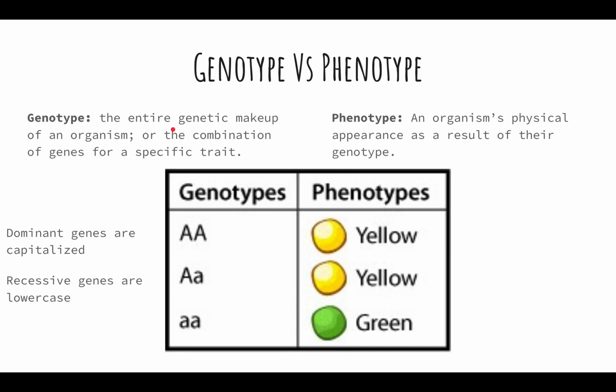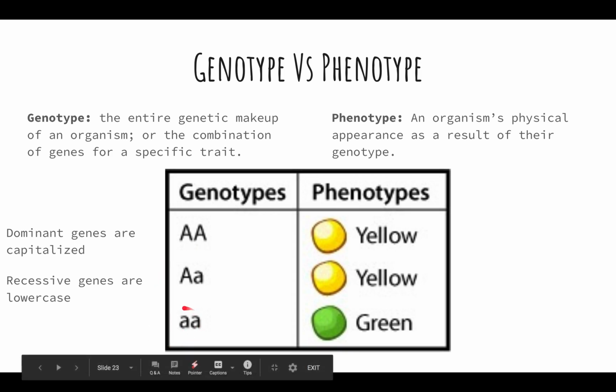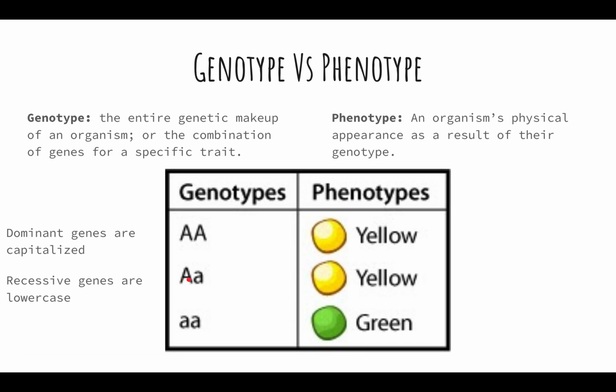So here's the example. If we're talking about one trait, we write the genotype as letters. If it's a dominant gene, we capitalize the letter, and if it's a recessive one, we use lowercase. It doesn't matter if it is A, B, Y, L, Z. You choose a letter for a certain gene, and this is how you would abbreviate the genotype.